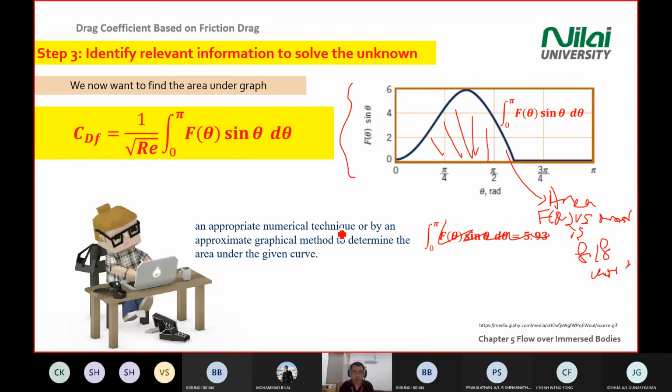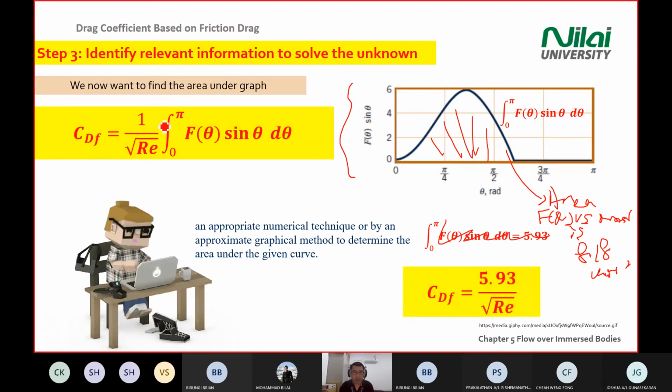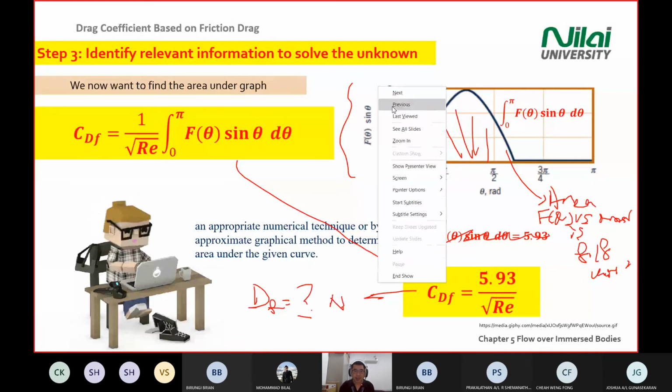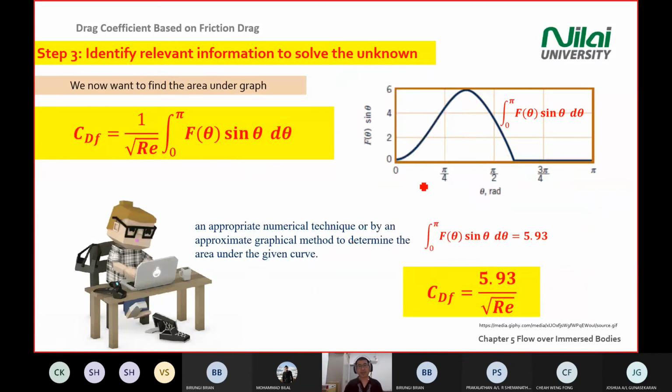Okay, calculate the CDF. So you convert this equation into CDF. From CDF, calculate dF equal to what in Newton. Okay, any question? I'll give you hints already, yeah? So I hope you're able to solve.